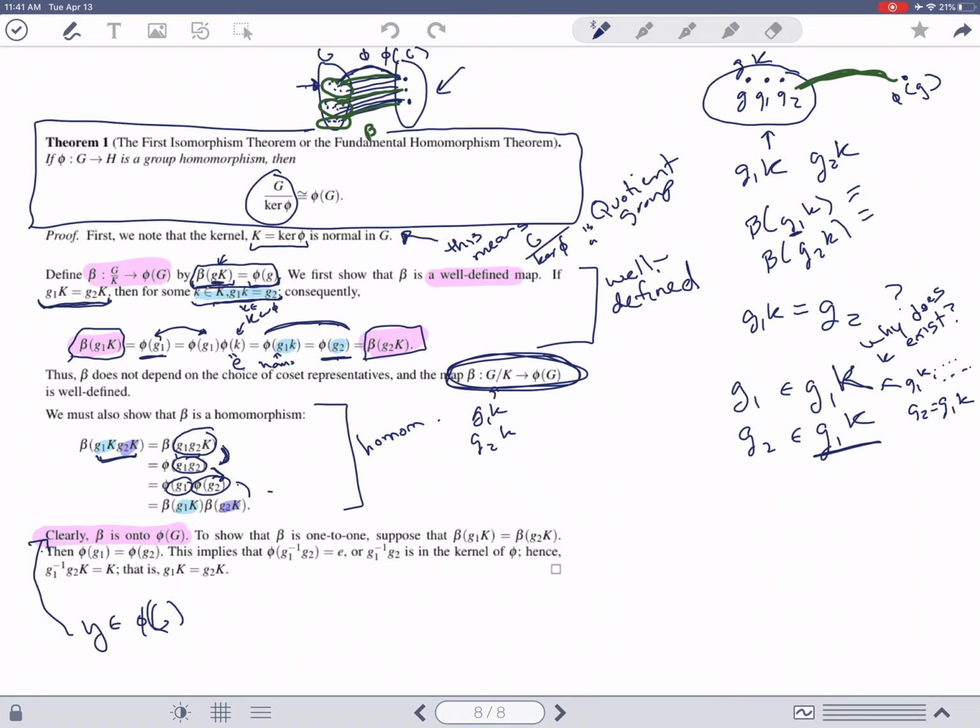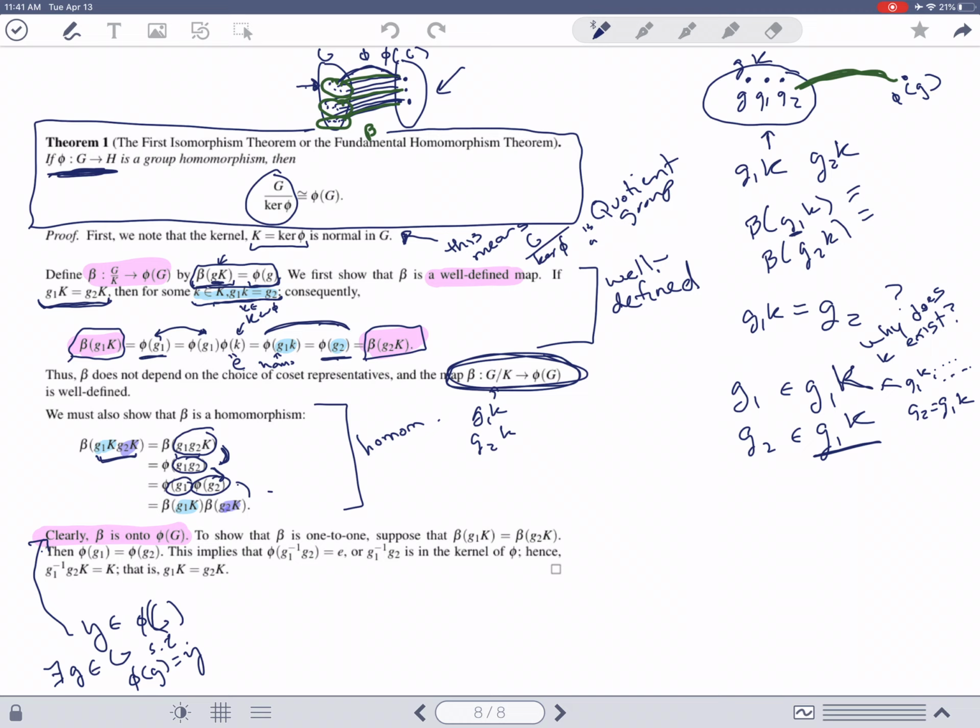Well, if y is something that is in the image from our homomorphism, that is our original map, not our beta map, then that means there exists a little g from our domain itself, such that phi of g equals y.